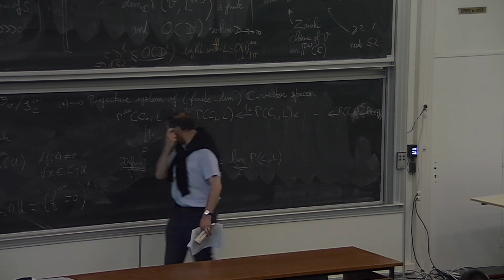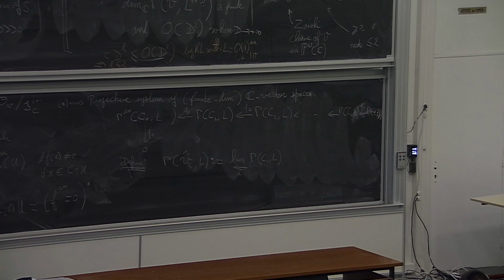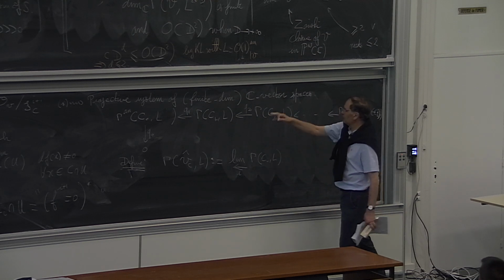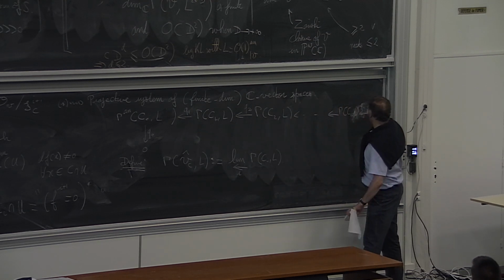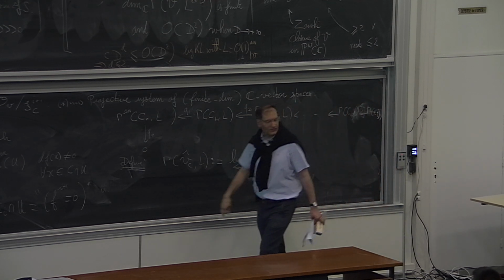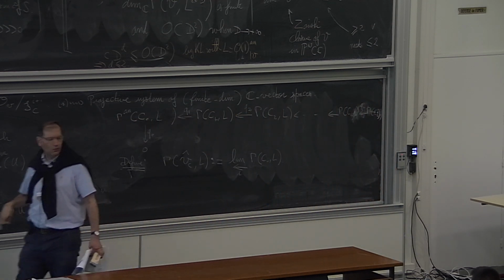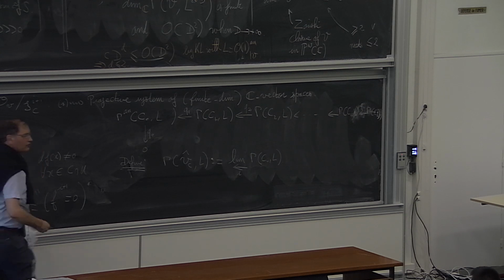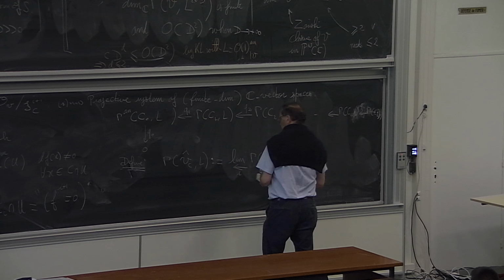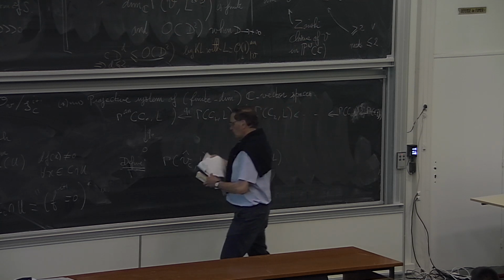So by the very definition of the projective limit, an element of this projective limit is a sequence of successive sections of L on the successive thickenings Ci, that are compatible. Each one has to restrict to the previous one.